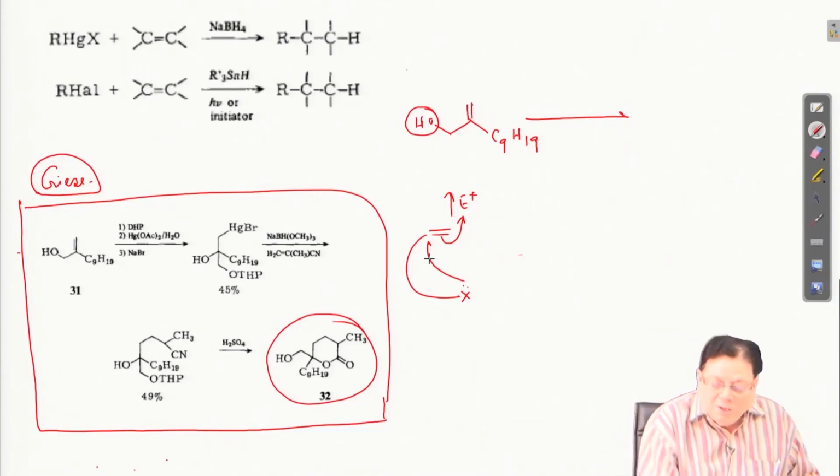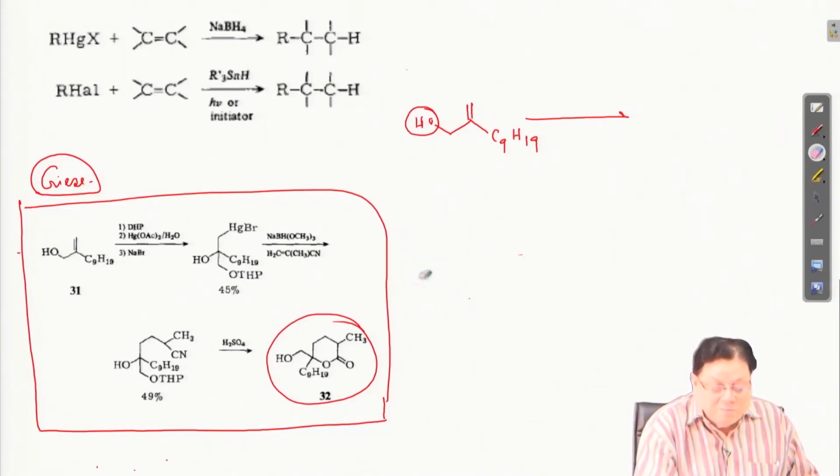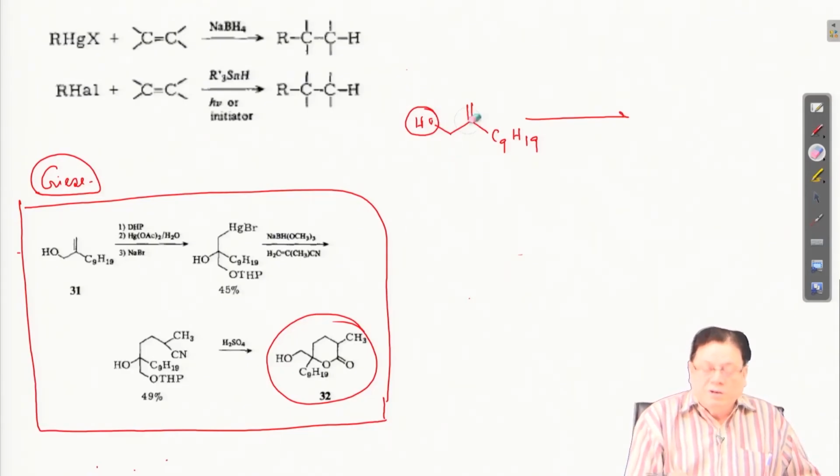So, in order to suppress that, you have to protect this hydroxy. Otherwise, this hydroxy could form an epoxide if you want to do mercuration on this double bond.